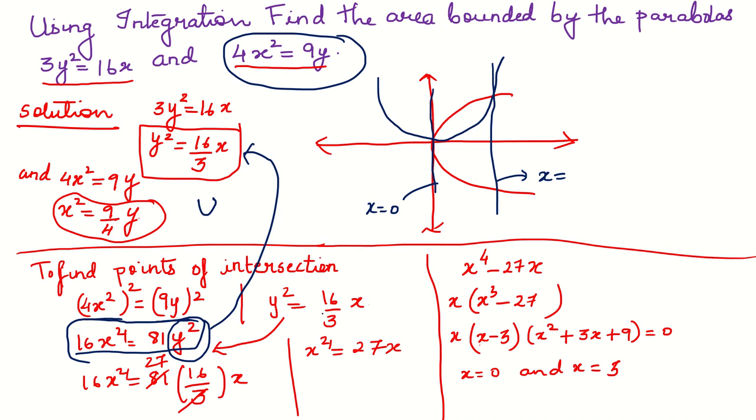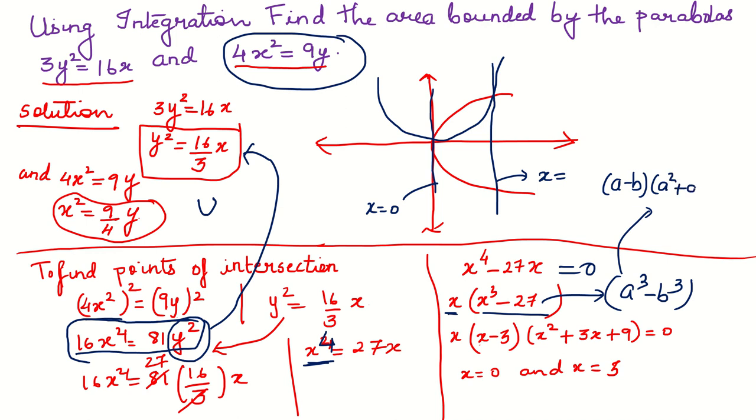Then I simplified and got x raised to 4 is equal to 27x. I've taken 27x to the other side, taken out one x common, and the rest is here. Now this is of the form a cube minus b cube, which can be written as a minus b into a square plus ab plus b square. That is what is done here.